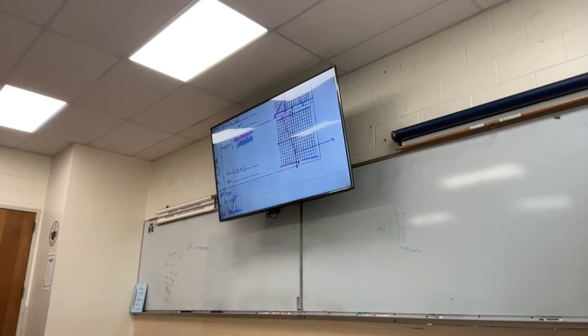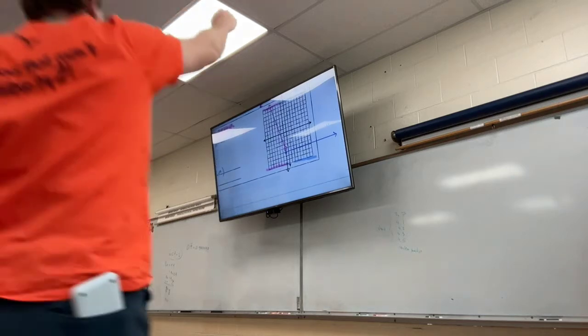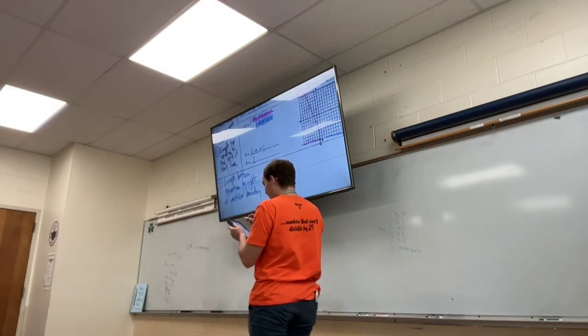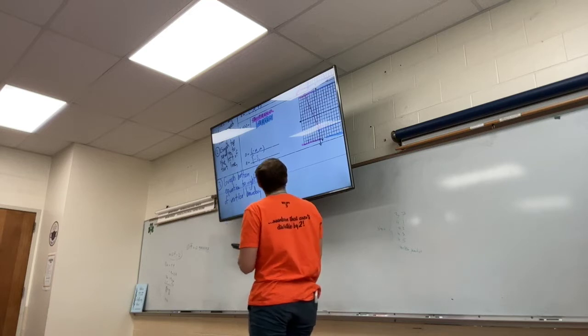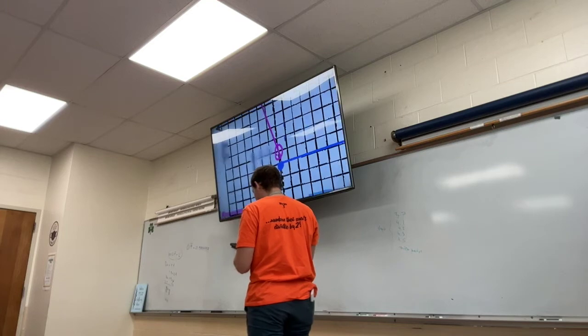And my range is going to be what? Range is a little tough. What's the lowest y value I can find on this graph? Negative 5, right? And that's included, so I'm going to do a bracket with negative 5. Then what happens is it skips up, right? It skips from y equals negative 5 to y equals 4.